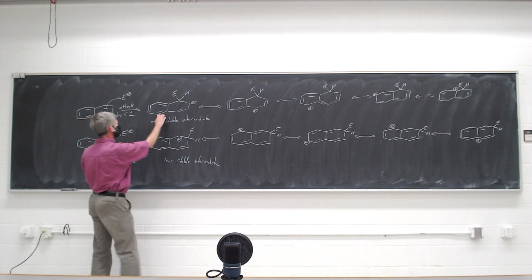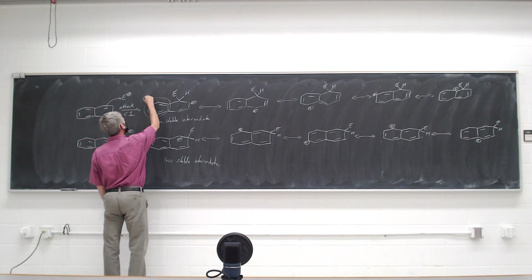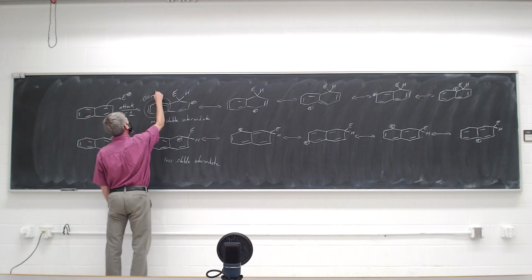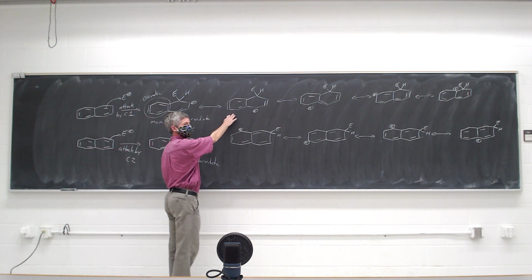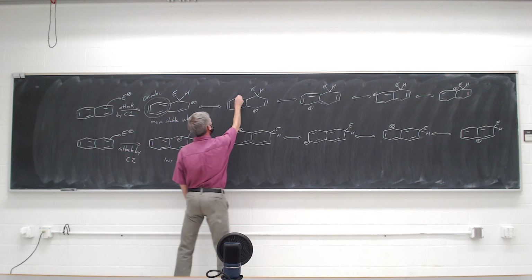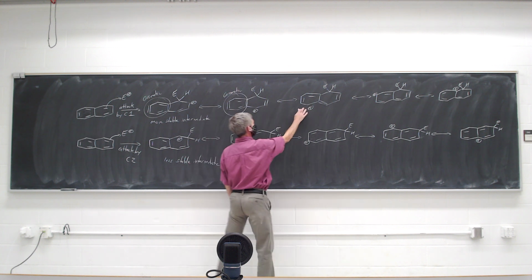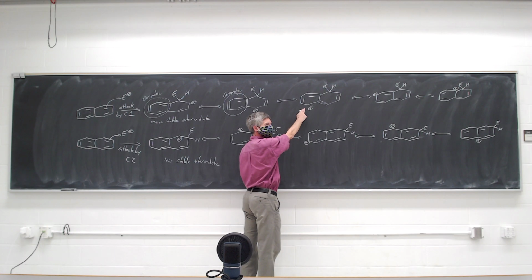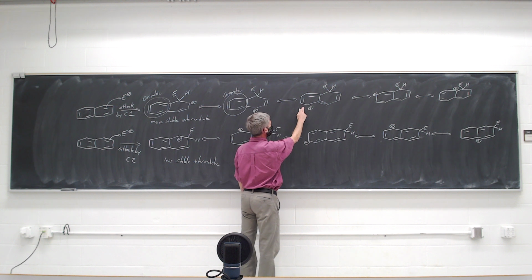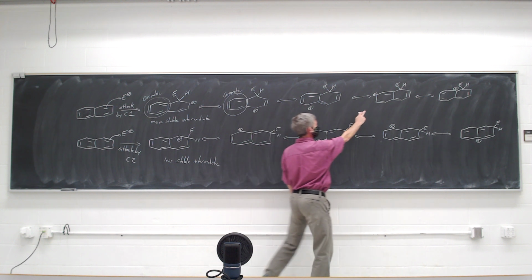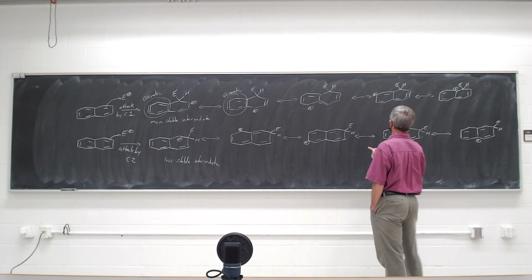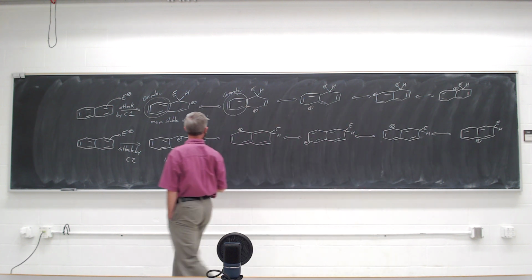Yes, that's still a cyclic pi system. What about here? Yep, still aromatic. What about here? Nope, now we've broken the aromaticity of the second ring. So these three intermediates do not have either ring having a cyclic pi system.